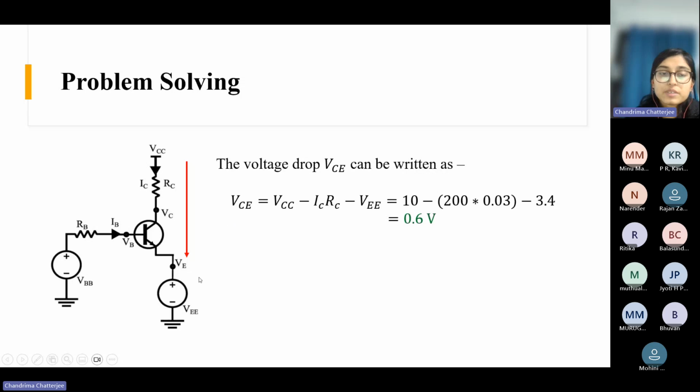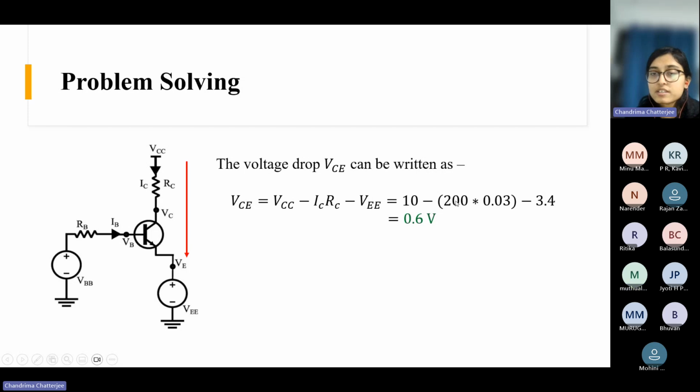VB, we already got the VE value as 3.4 volt. And then if we apply KVL in this collector emitter loop, we can calculate VCE as VCC minus IC RC, we are subtracting this drop, minus VE, right? It was given that VCC value is 10 volts.